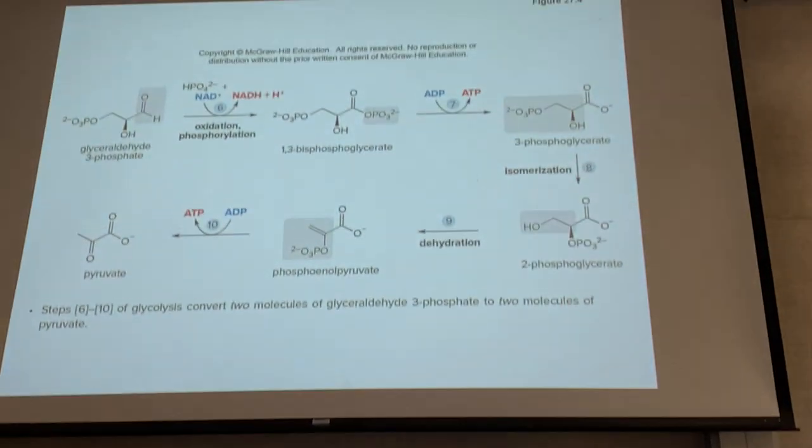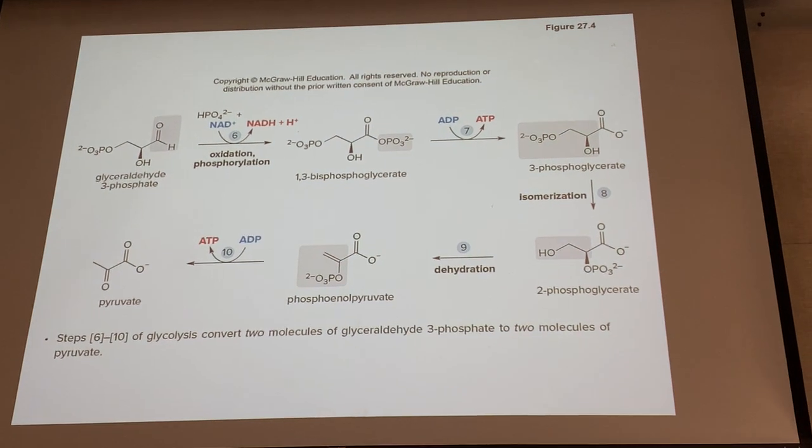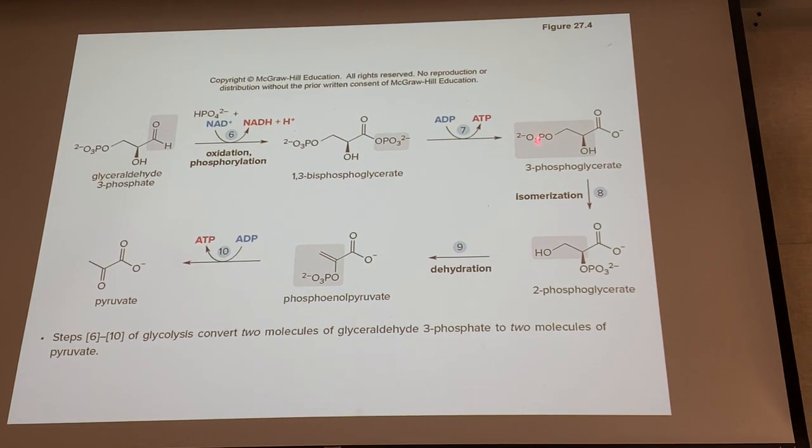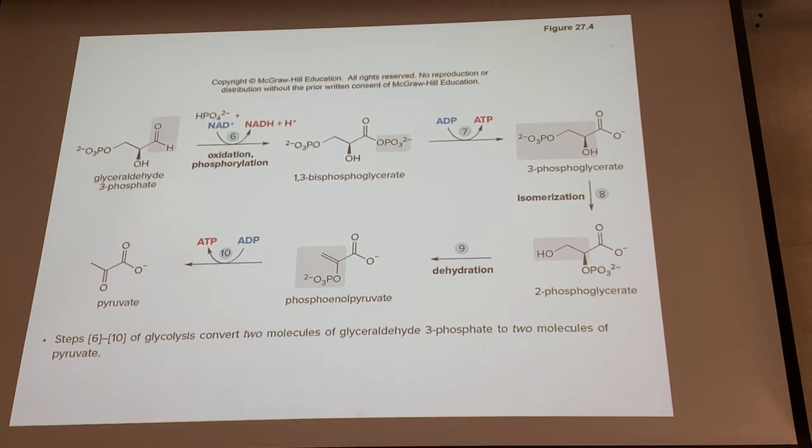Now we have a different kind of isomerization occurring, which is transfer of a phosphate from C3 to C2. And that is not a one-step process. It's not an intramolecular process. It's actually an intermolecular process. You're going to have phosphate end up here, and then you're going to take that phosphate away.